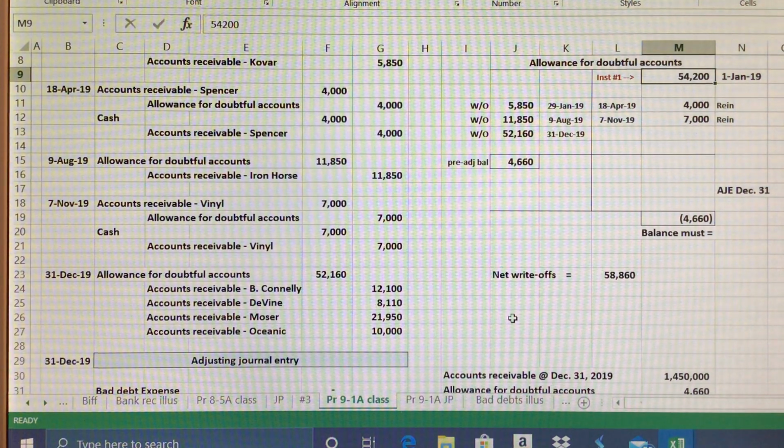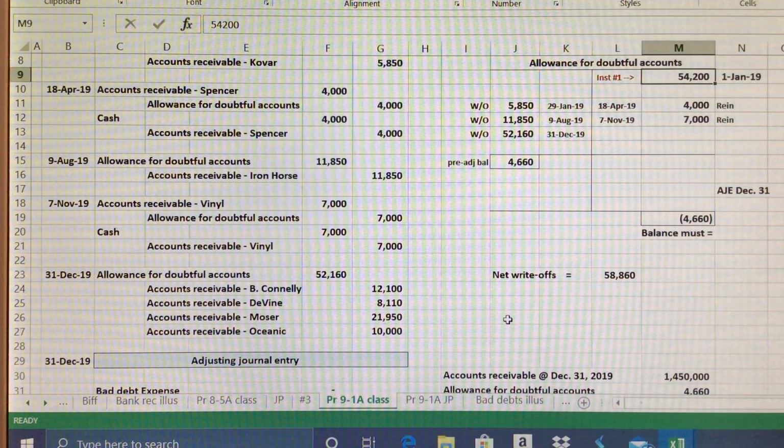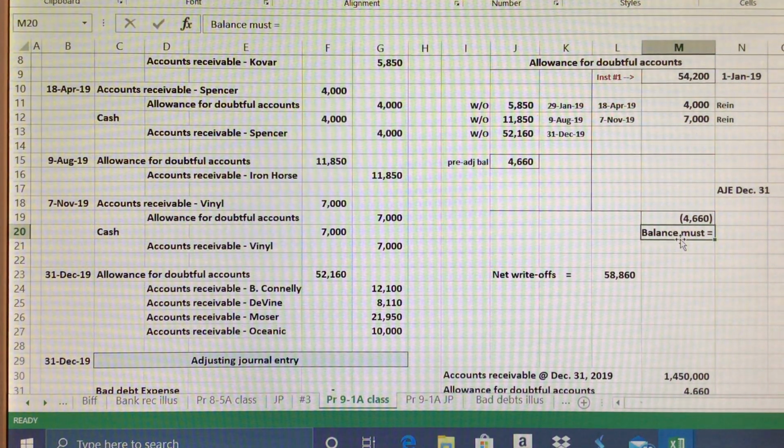Okay. So now what? It says, well, we're using the aging or analysis method, which means we follow this approach. It's called the balance sheet approach. We want the balance in this account to be $60,000. So you say to yourself, well, if I have a debit balance of $4,660, just to get to zero, I'm going to need $4,660.